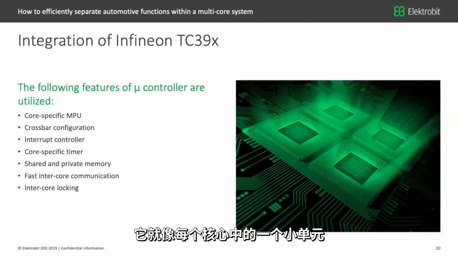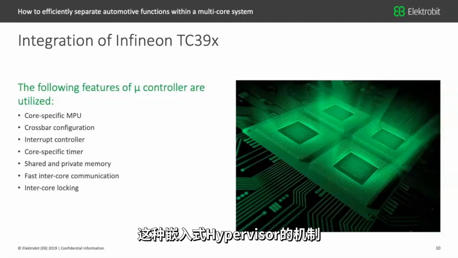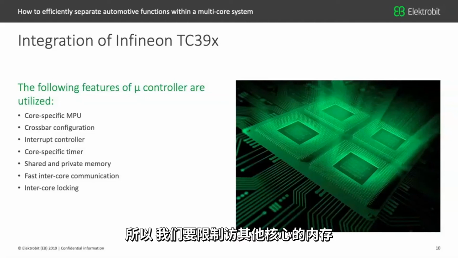It is really a small unit within each core, and it handles the communication on the crossbar of these cores. So I can physically prevent the cores from accessing memory which is not intended. And this is exactly the mechanism we make use of to implement this embedded hypervisor. So we restrict the access to the memory of the other cores.